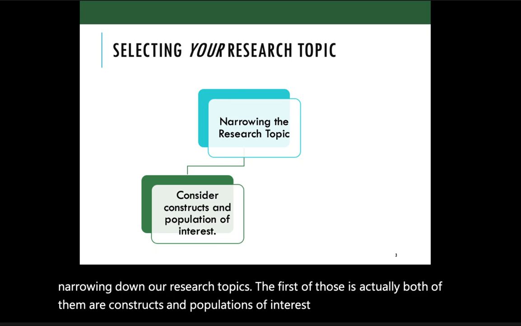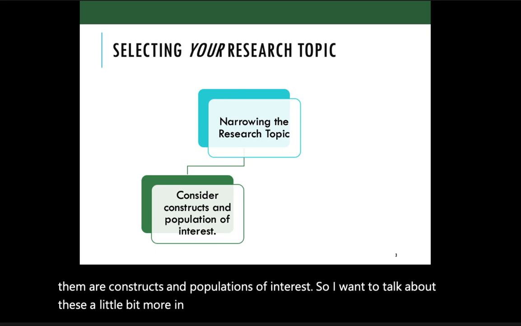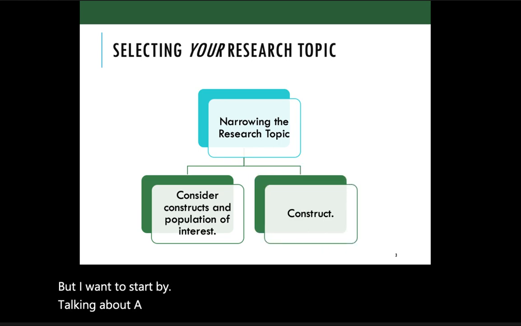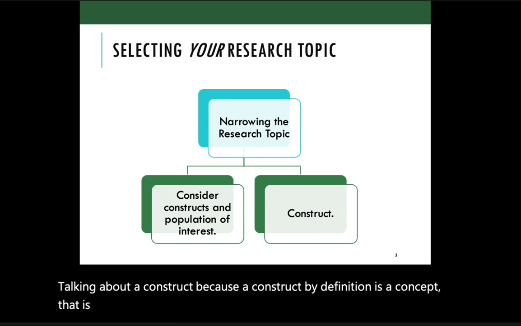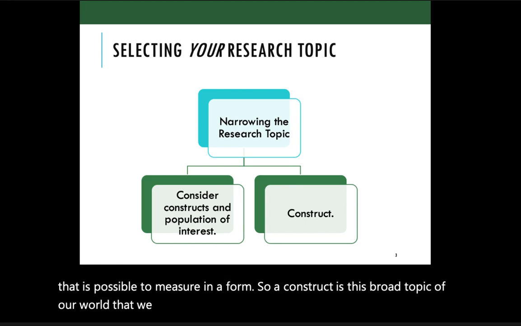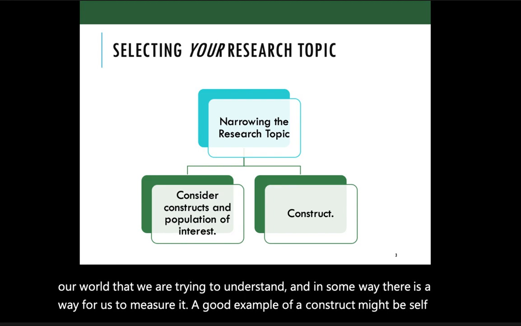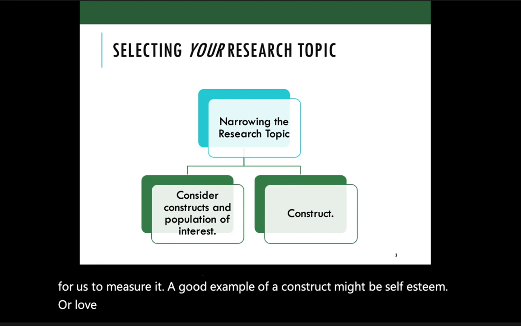I want to talk about these a little more in detail, but I want to start with a construct. A construct, by definition, is a concept that is possible to measure in a form. So, a construct is a broad topic of our world that we are trying to understand, and in some way, there is a way for us to measure it. A good example of a construct might be self esteem, or love, or intelligence.